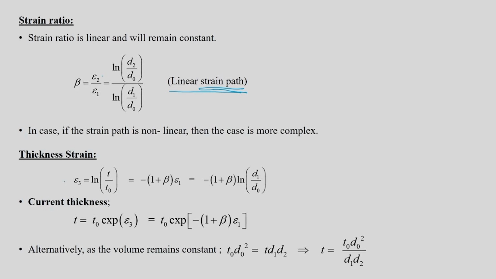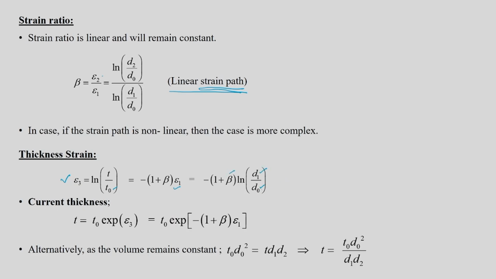So how do you get epsilon 3? We are summarizing what is required for such a strain signature. Epsilon 3 is ln of t by t naught, which is equal to minus of 1 plus beta into epsilon 1, which is again equal to minus of 1 plus beta into ln of d1 by d naught. You do not need to measure this; d naught is known to you, let us say 10 mm, and you can measure d1.